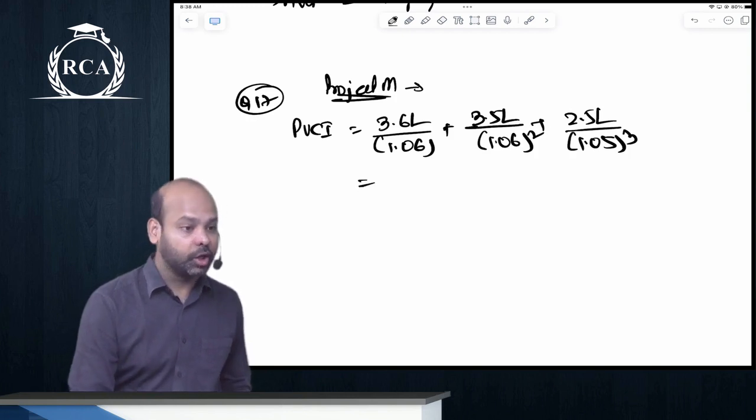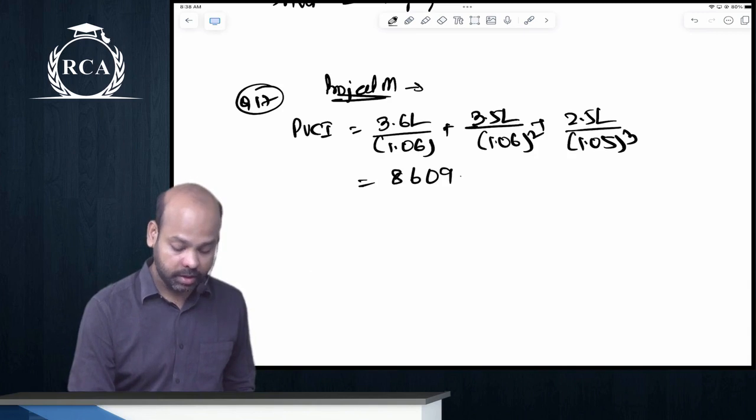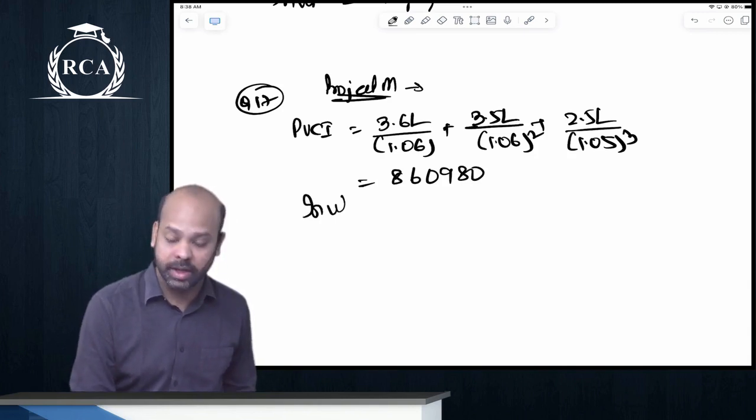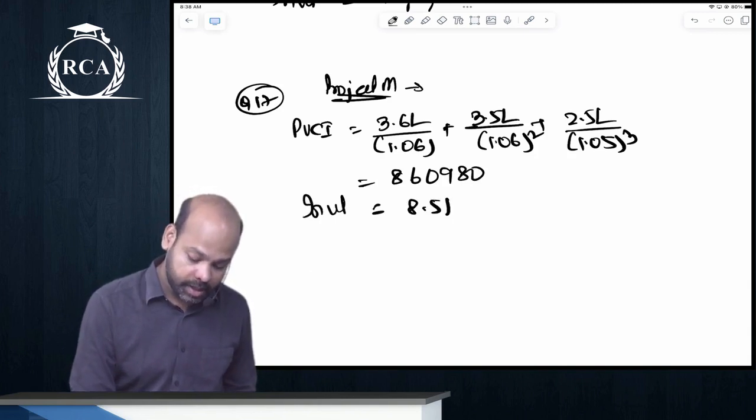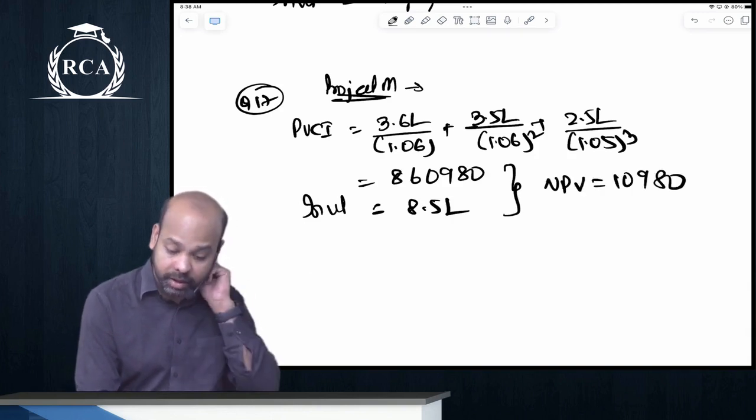How much is the present value of cash inflows? 980. Your investment guys is 8,50,000. NPV is 10,980.